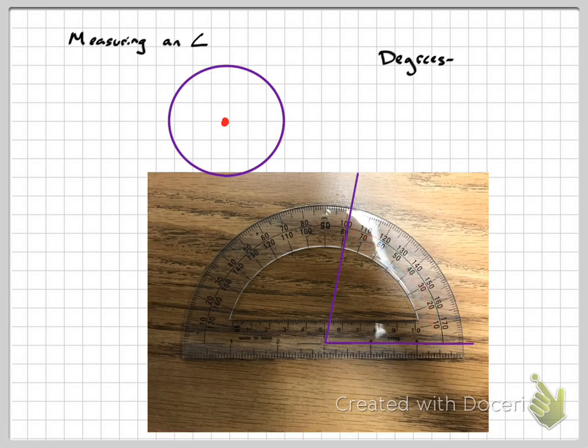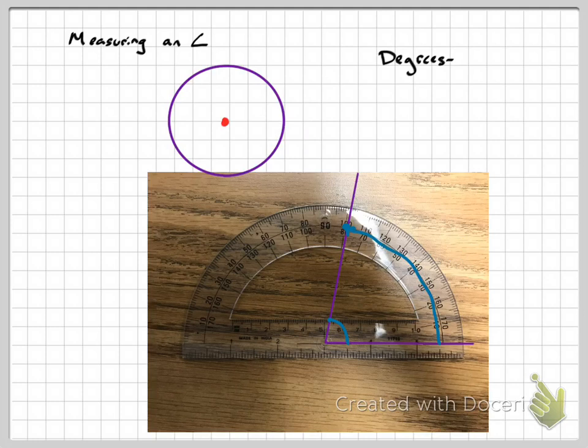If my ray was on the other side, and I was opening in this direction, then I would read the outside number. So for the sake of this problem, I'm reading the inside number because I'm opening right to left. So if I wanted to measure this angle right here, I would go up, up, up, up, up to that point. That angle is 80 degrees.